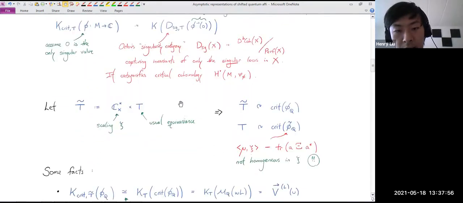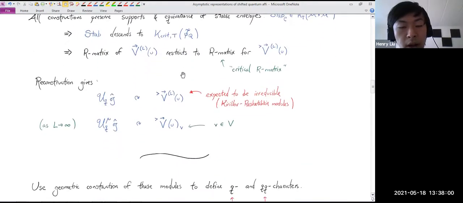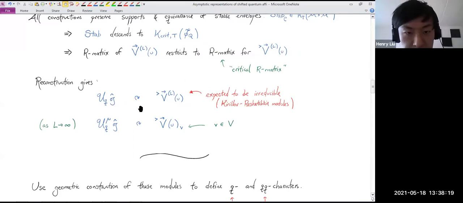They're indexed by what happens asymptotically in your flag. I'm not sure if I can give a more geometric description than that. Is it okay? Thank you. Hope that answered something.